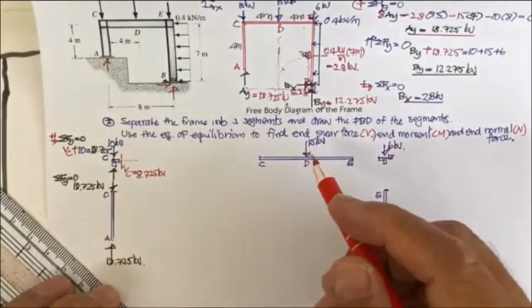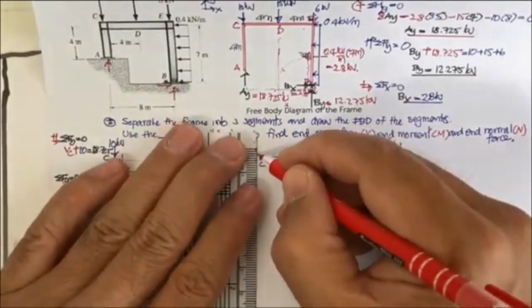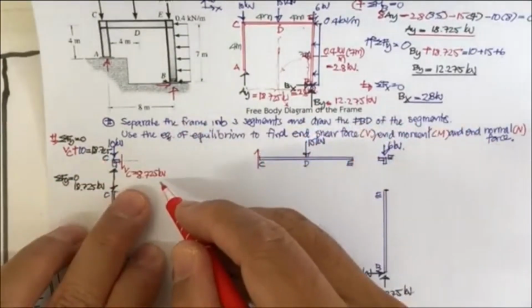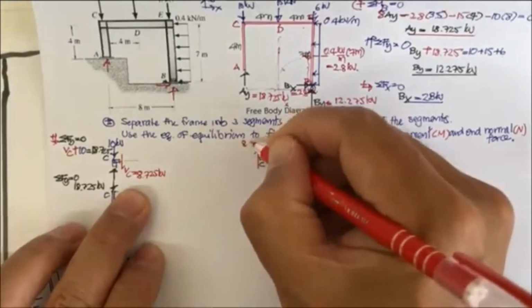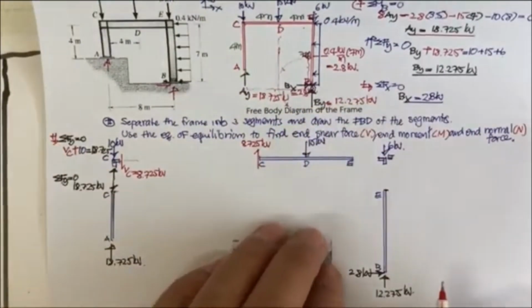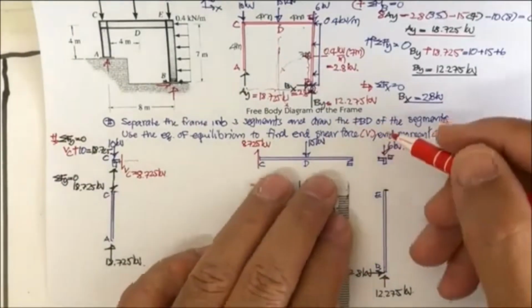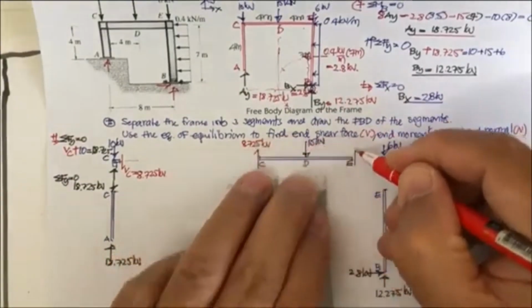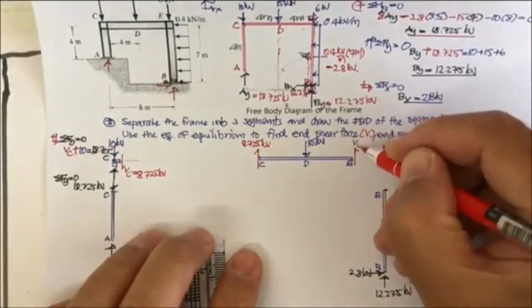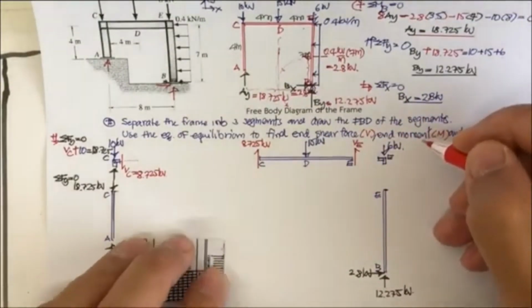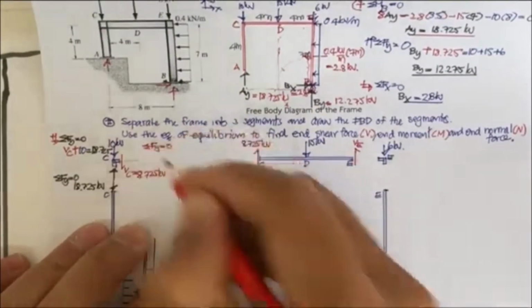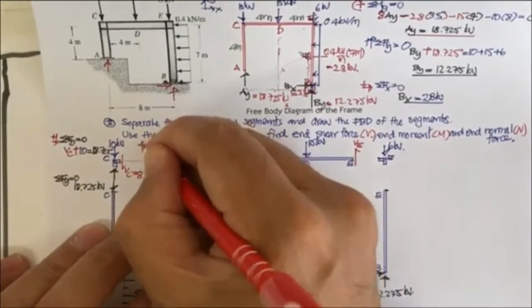This V sub C acts at C here, but by Newton's third law, this is going to be 8.725 kilonewton upward. If you move again, you will see that we have the shear over here, let's say V sub E. So you do the summation of f sub y equal to 0, with upward positive.